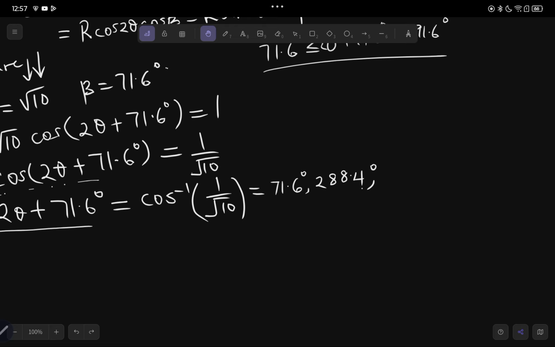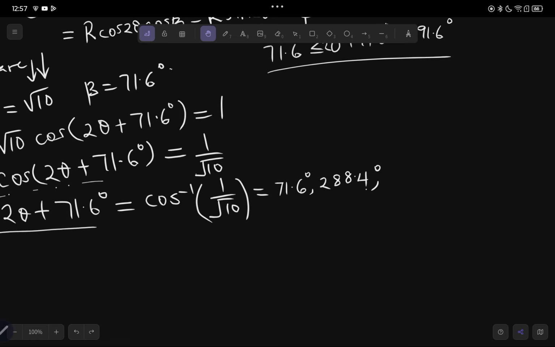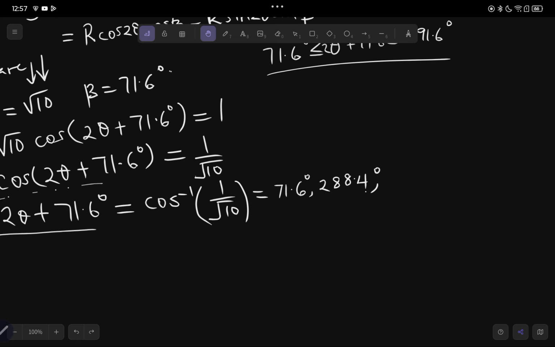Now to go for another round, because you have to go up to 720, so it means after 791.6, I have to go for another round. Another round is got by these first angles we have got. We add there 360. So 71.6 degrees plus 360, we shall get 431.6.